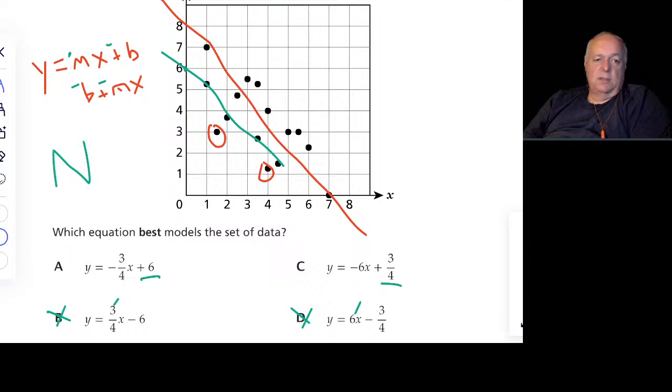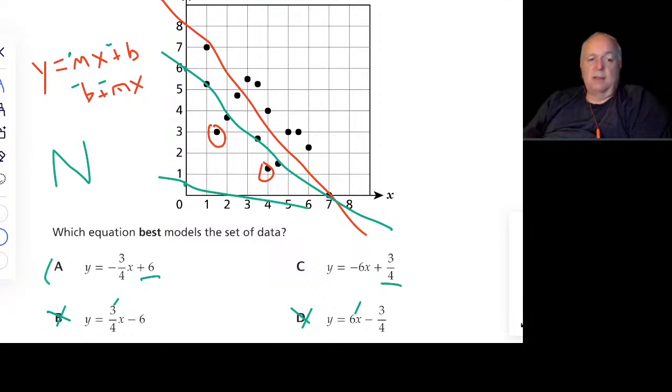Okay, so since it seems likely that the green line can work with A and not with C, if it was C, it would be all the way down here at 3/4. So somehow it would still be negative, but it would go across like that or something. So for that reason, the answer would be A.